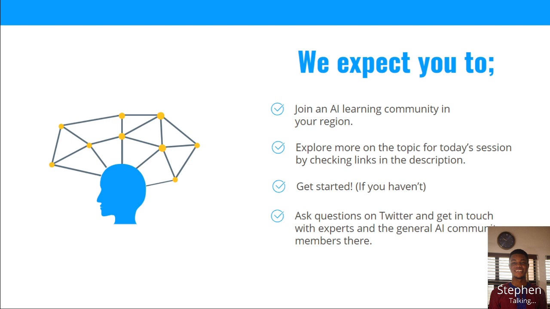Of course, ask questions on Twitter. Twitter is my favorite social media networking site for a very large community like the general AI community. One time you're having an argument with the head of AI at Facebook, and next time you're reaching out to Elon Musk and he's replying, or Yann LeCun, or all of these pioneers in the AI space, and you're having casual and comprehensive conversations with them.